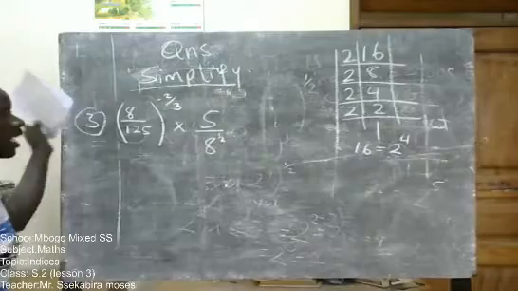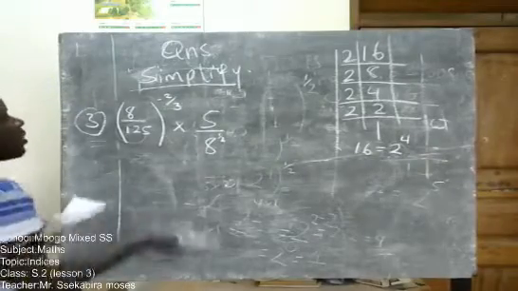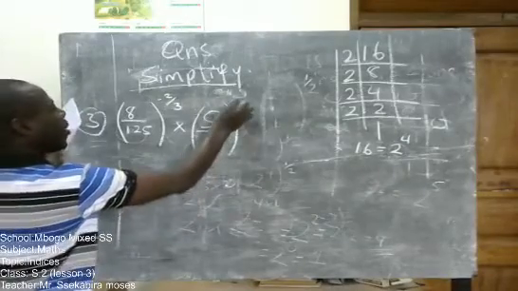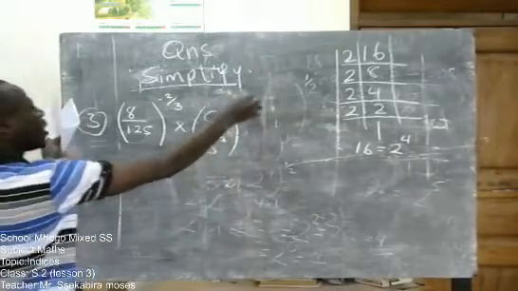This is question 3. It is not 8.5, but 8 to power, where the power is written up. But here we have squared.